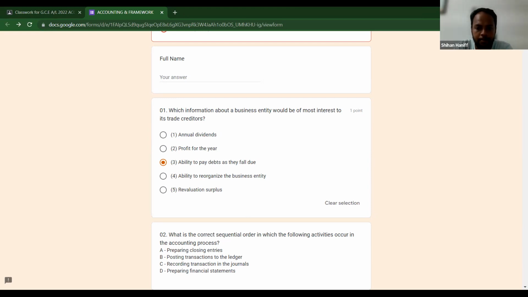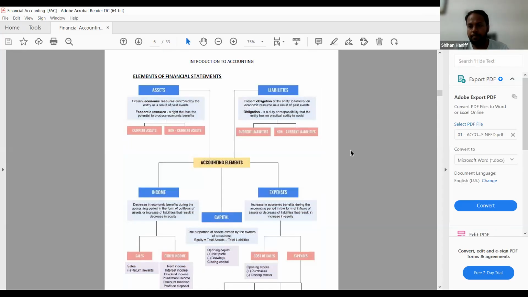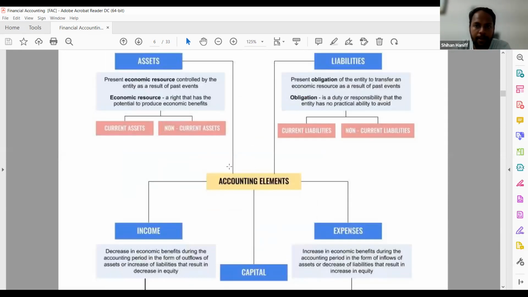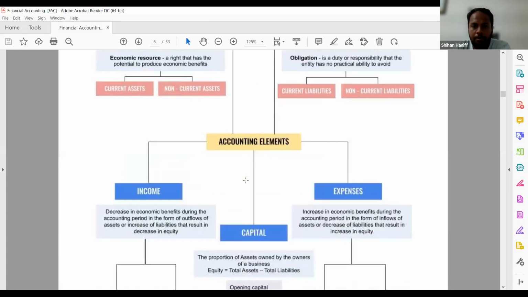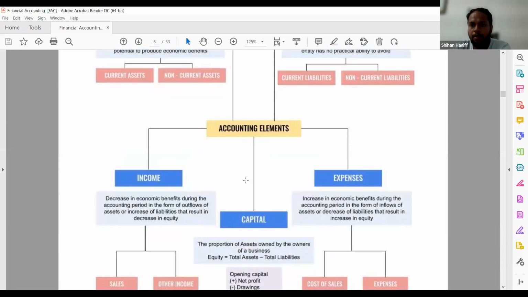Accounting elements. This is also another area where we get MCQ questions. There are two things: accounting elements and components of financial statements.